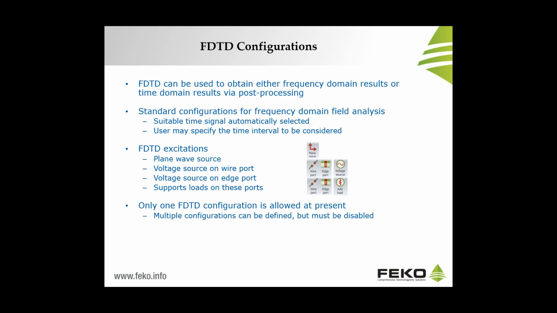You can define multiple configurations, but they must be disabled. And regarding requests, you will be able to compute currents, near fields, far fields, including gain, directivity, and radar cross section, and the scattering parameter calculations.